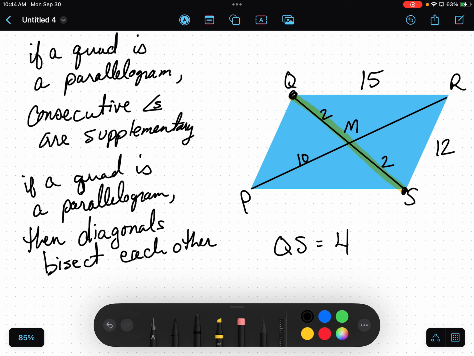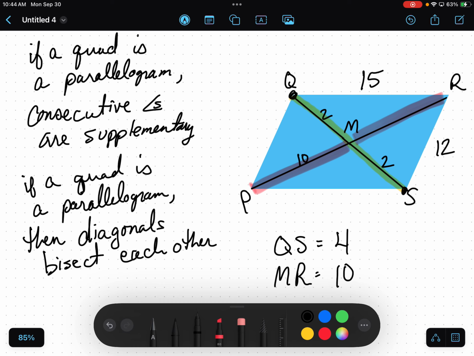How long is MR? 10. How'd you get that? If this side's 10 from here to here, then so should this side. Is everybody okay with that? Okay, one more.